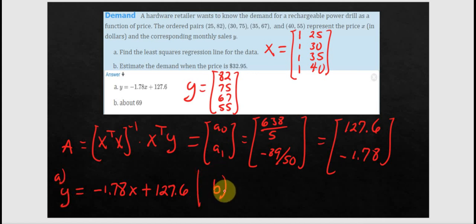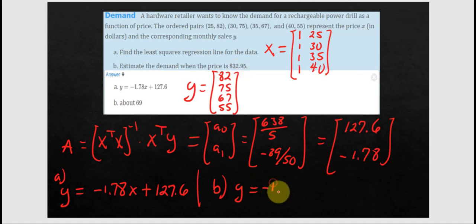Then part B says to estimate the demand when the price is $32.95. So basically, just find y when they give you x to be $32.95.